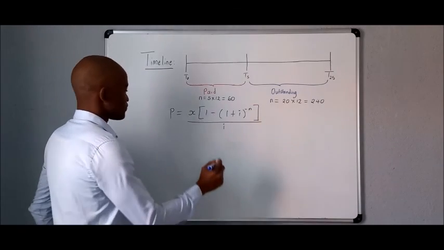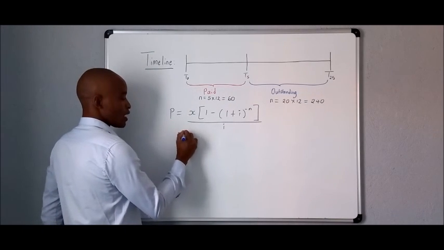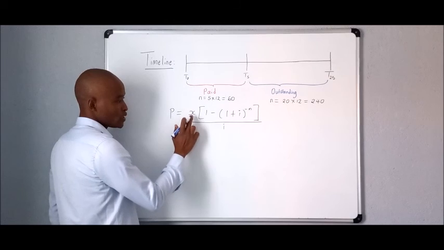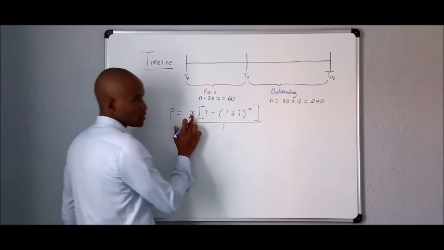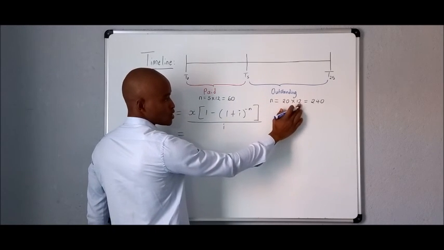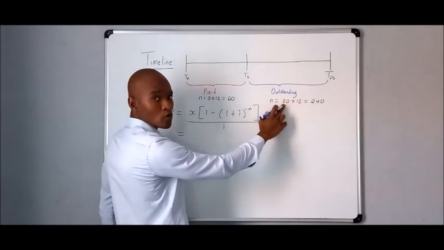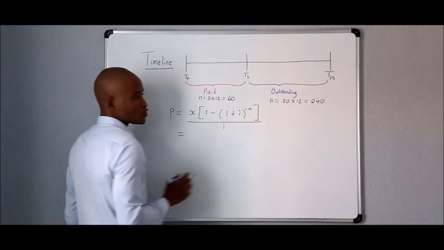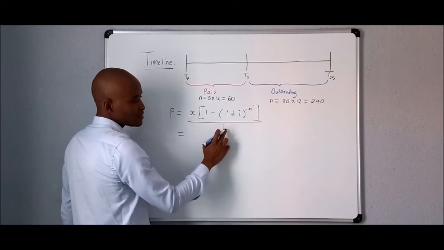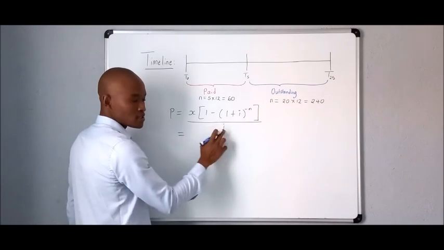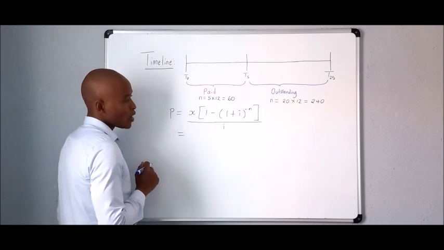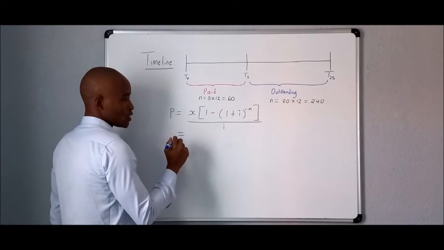So what do we know? If we want to calculate the outstanding balance, we need the monthly installments, which will be happening for 20 years, giving us a total of 240 payments. The interest rate still remains 9% per annum compounded monthly. So let us substitute.